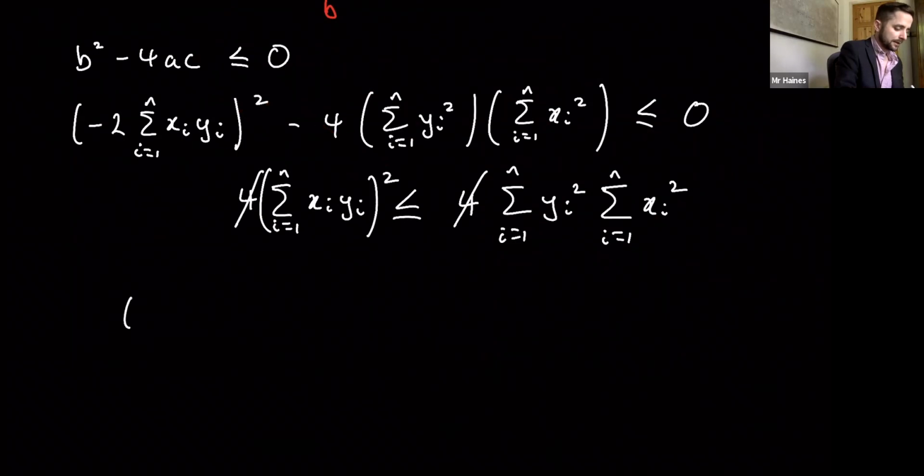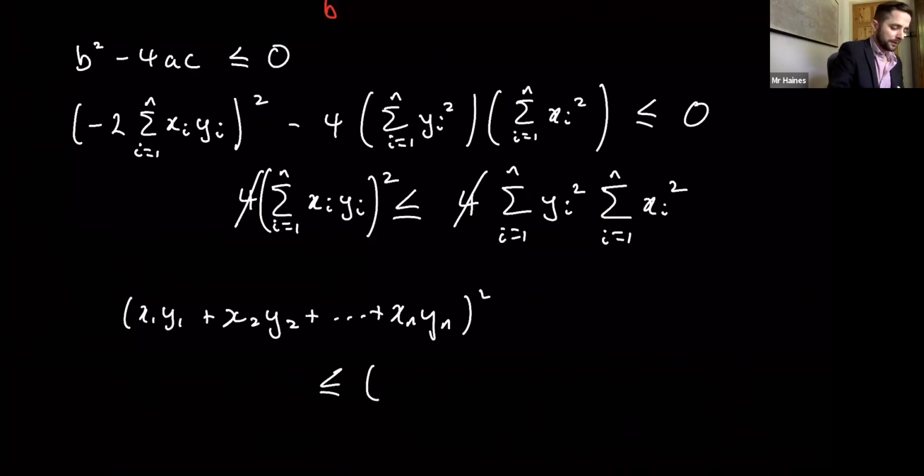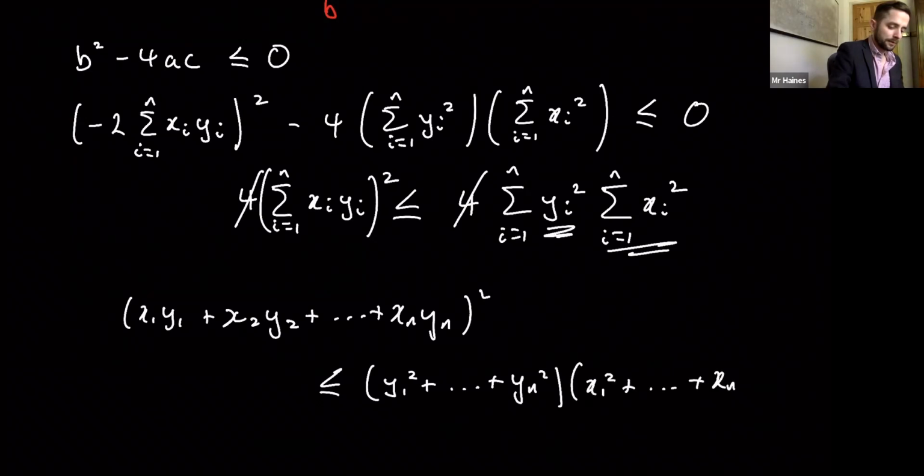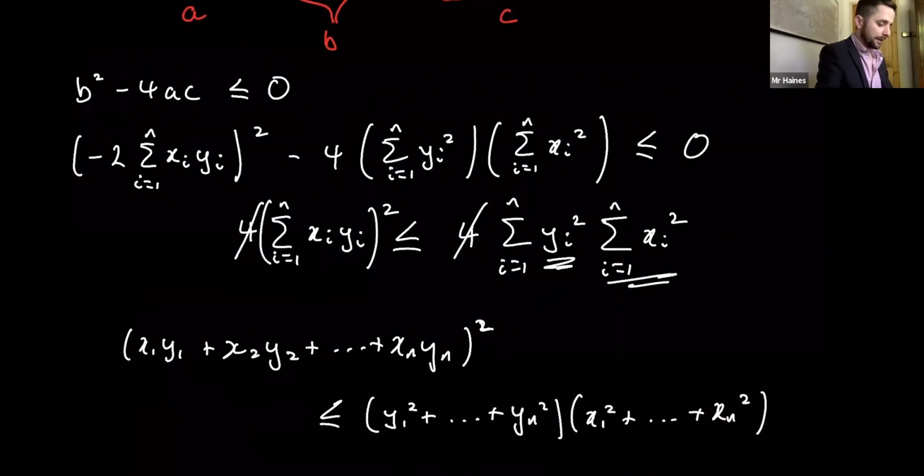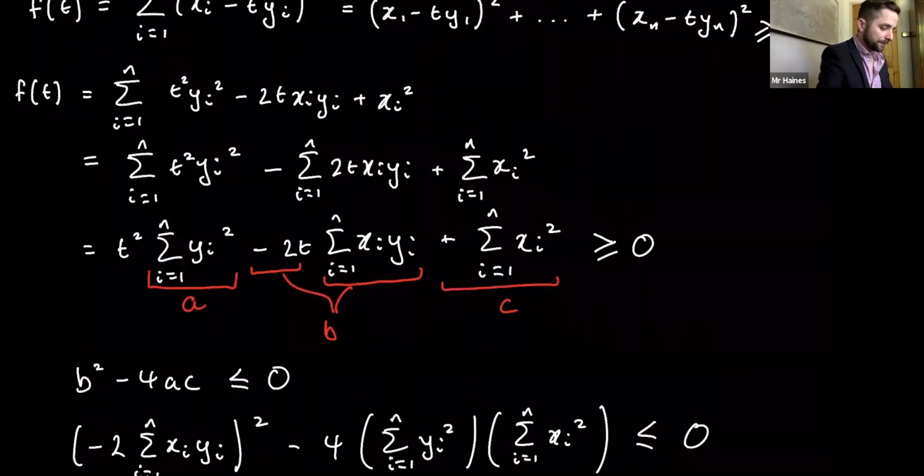So that says that x1 y1 plus x2 y2 plus and so on plus xn yn, all squared, is smaller than or equal to the sum of the y numbers squared and the sum of the x numbers squared. Okay, and that's the Cauchy-Schwarz inequality proved.